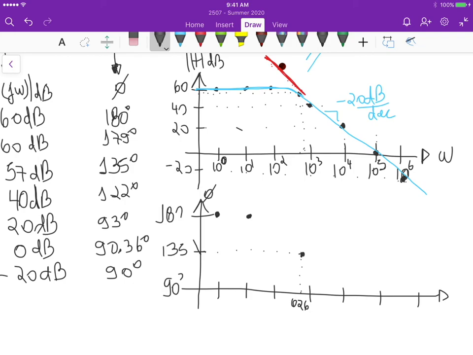Then at 10 to the 3 exactly, we are a little bit less than that, so we are around here, 122. Then here we are 90 degrees, and then eventually we get to 90 here. So this is the phase. Sorry, I think we should have one more value here that's closer to 180.